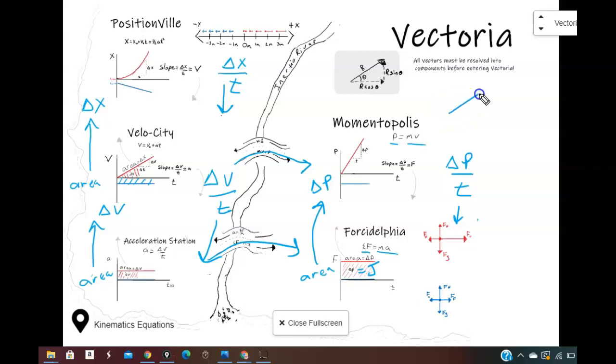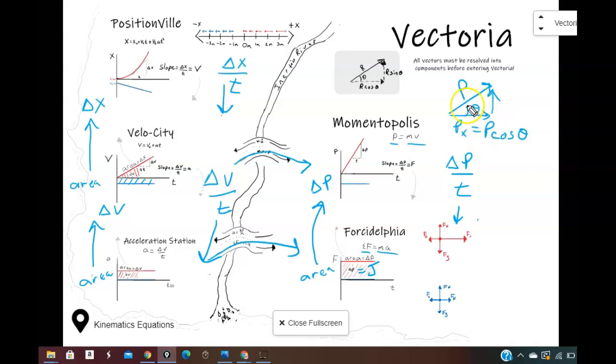Remember, if you get any vectors at all that are off at an angle, all you need to do is figure out their components and just solve them independently. So, for example, maybe I have a momentum at a certain angle. I just would take my momentum in the x direction, and that would be my original momentum times the cosine of this angle, assuming this is to the horizontal.